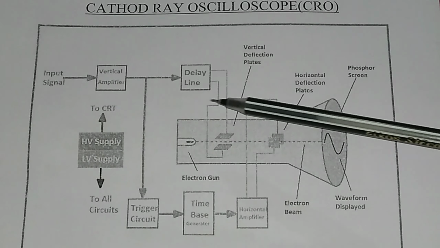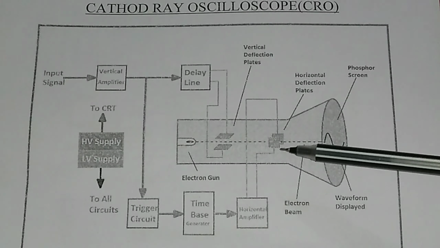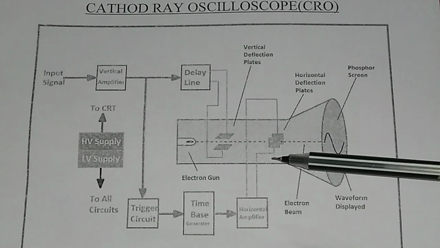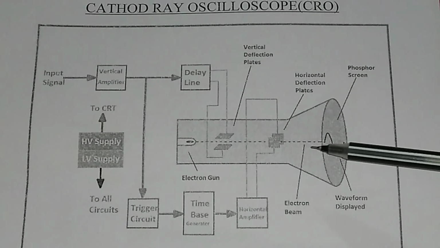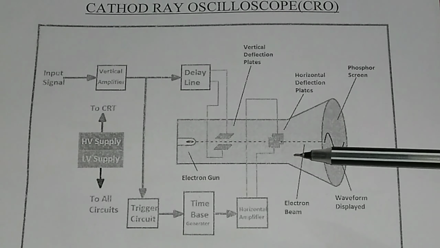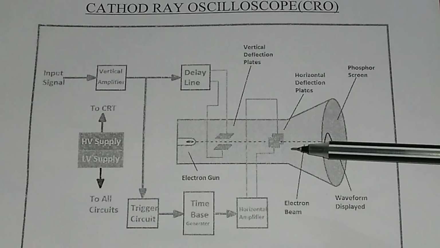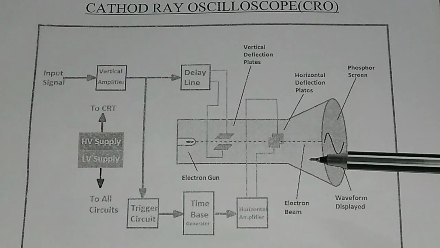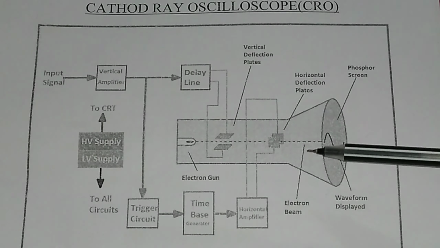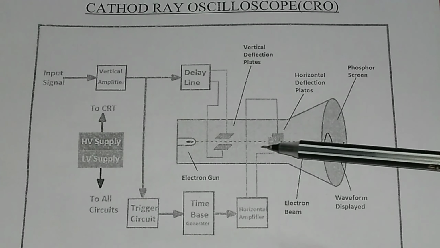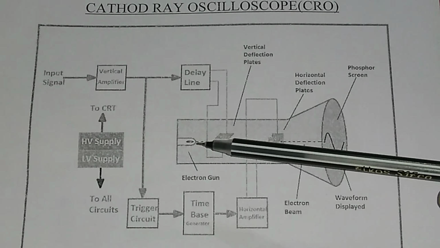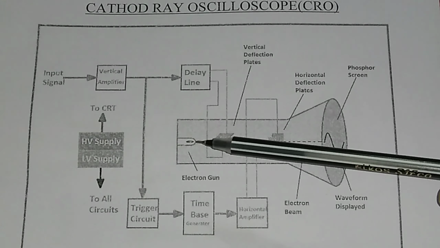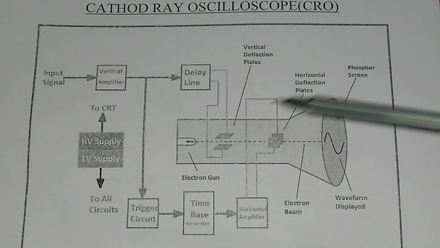This diagram is basically an analog cathode ray oscilloscope, but nowadays a digital CRO is also available in the market. As the electrons are emitted from the cathode, this is your cathode, that is why it is called cathode ray oscilloscope.